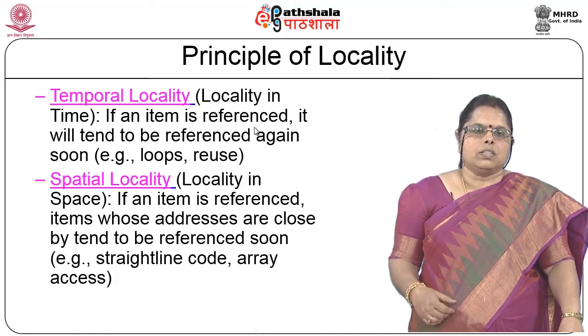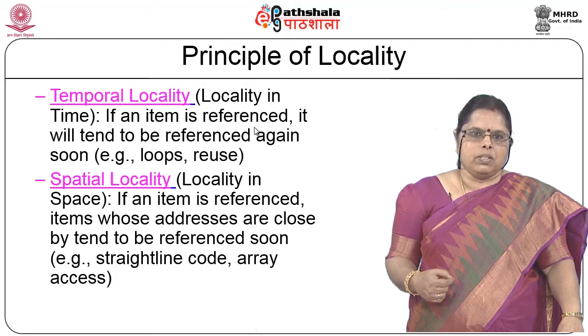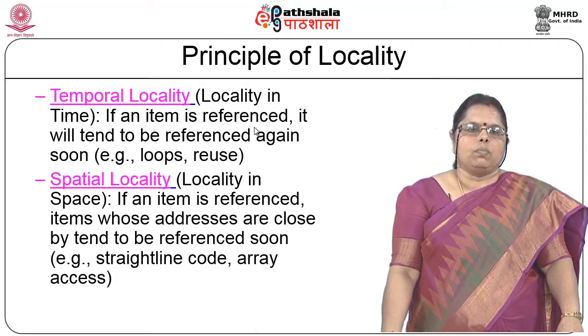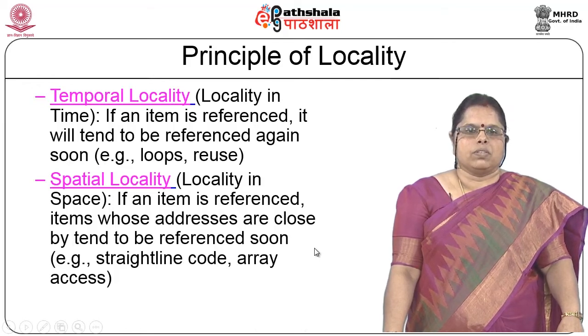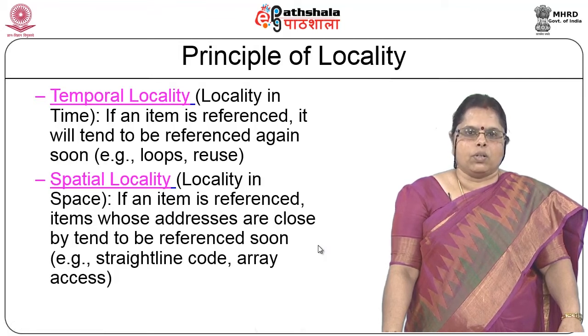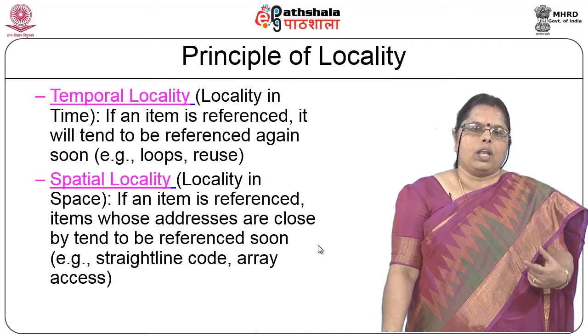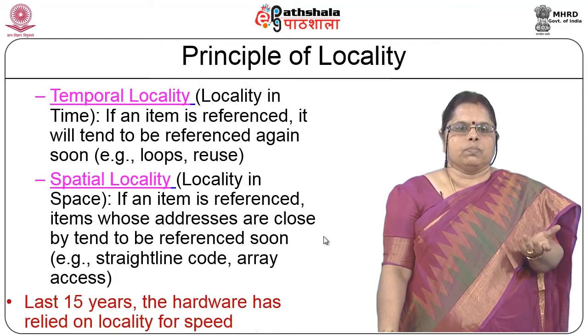So, we come to the conclusion that if one item is referenced, then it is quite likely that the item at the next address is going to be referenced soon by the processor. This is called the spatial locality of reference. Because programs exhibit both temporal and spatial locality of reference, this locality can be exploited by the hierarchical memory system.